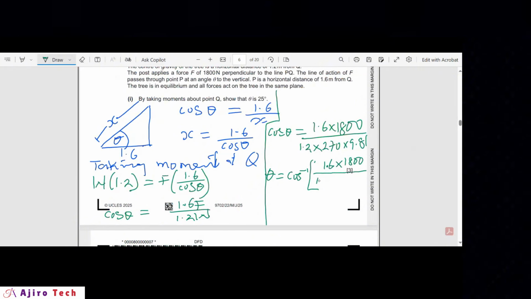So let me press the calculator and see what it gives. So we have cos inverse.